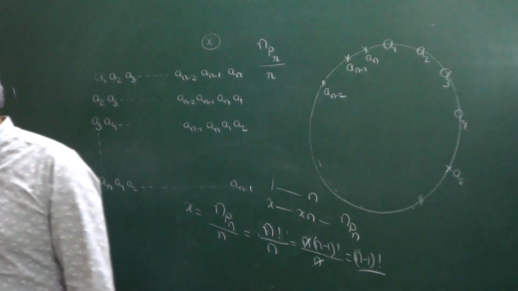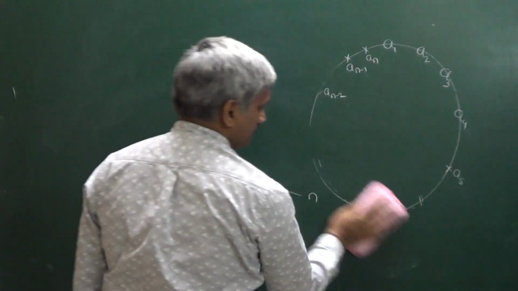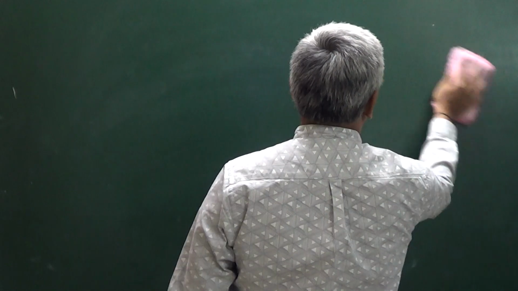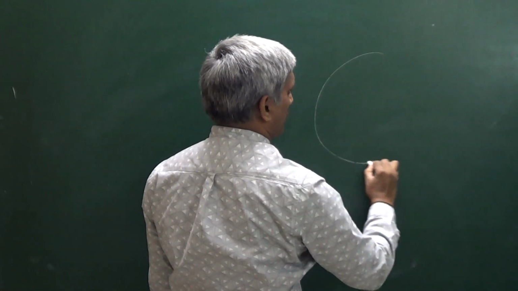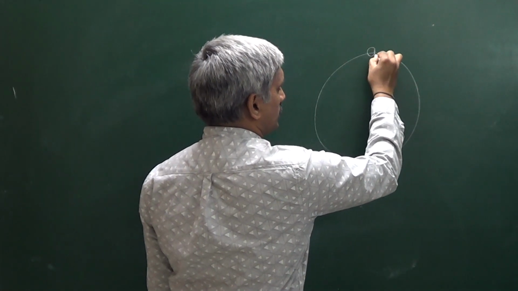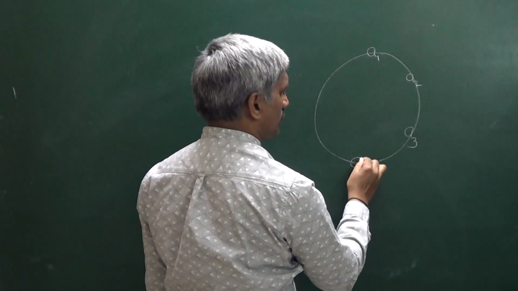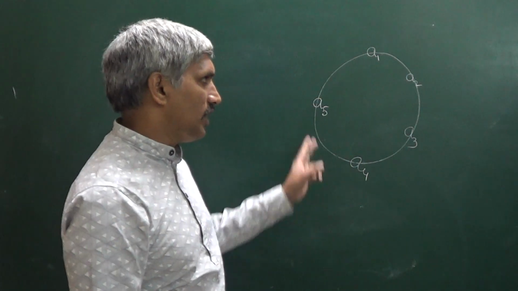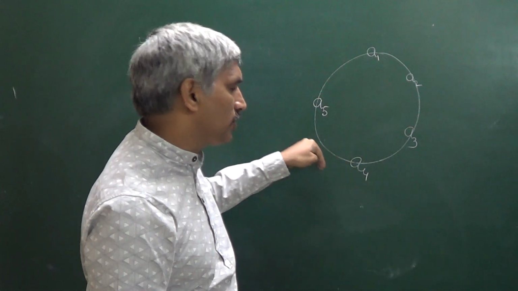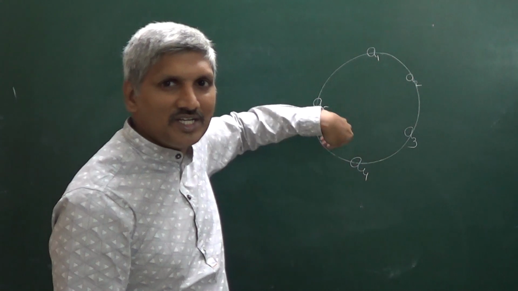But now the question arises: in a circular permutation where there is no significance for clockwise and anti-clockwise directions. You can observe one of the examples I am taking here. This is a1, a2, a3, a4, a5, they are in clockwise direction.